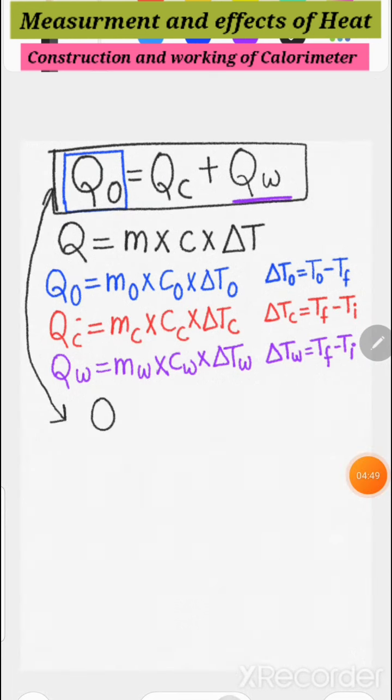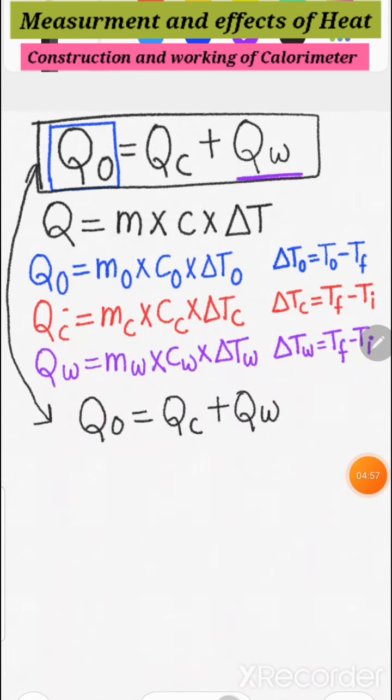Now let us substitute these values in the above given formula. So QO will be equal to mass of object into specific heat capacity of object into difference in temperature of object.